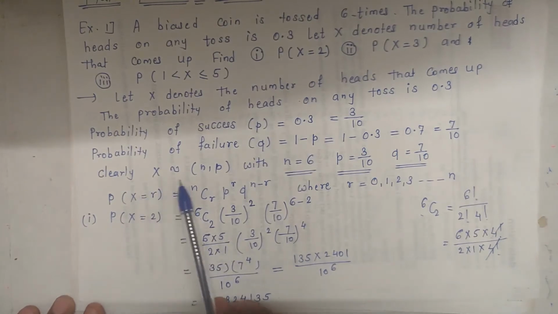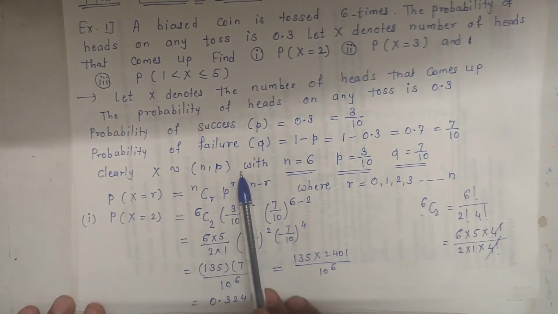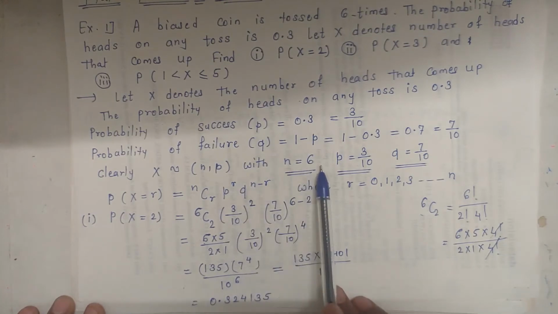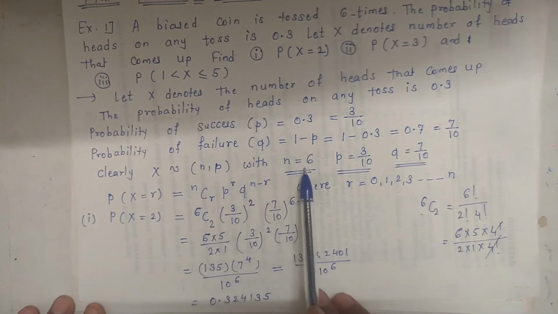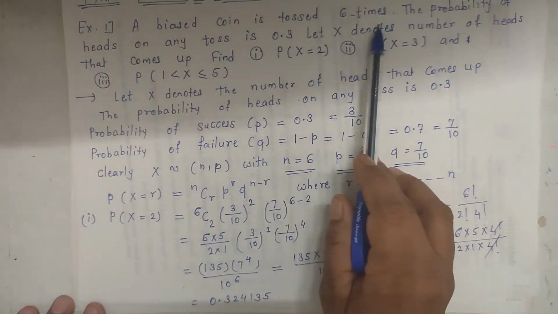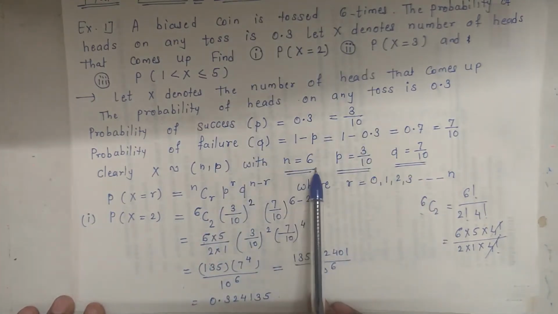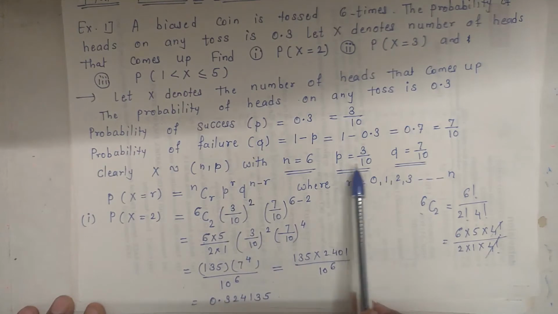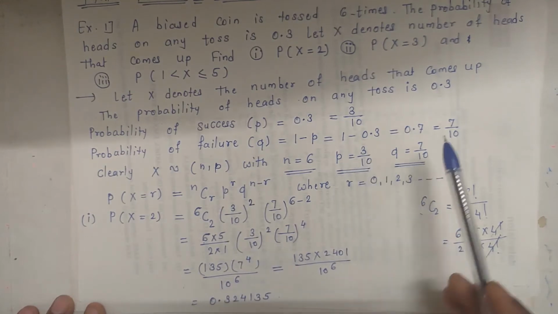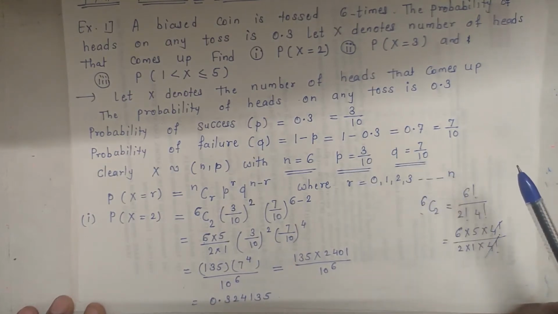Now x follows the binomial distribution with parameters n and p, with n equal to 6. Here the parameter n is the number of trials. Here the coin is tossed 6 times, so the number of trials n is equal to 6, the probability of success p is 3 by 10, and q is equal to 7 by 10.